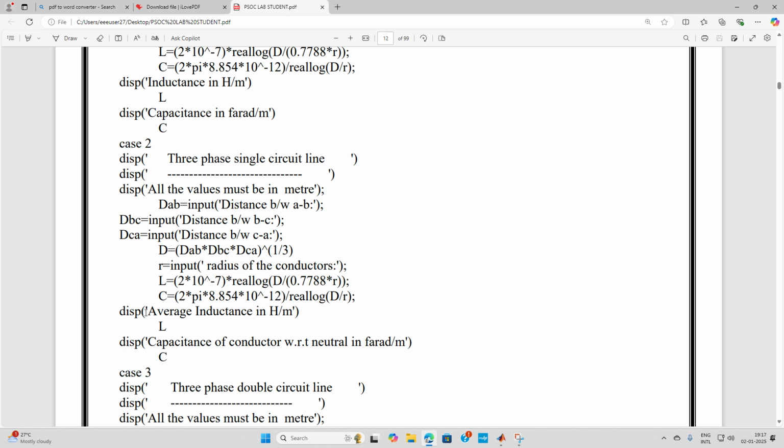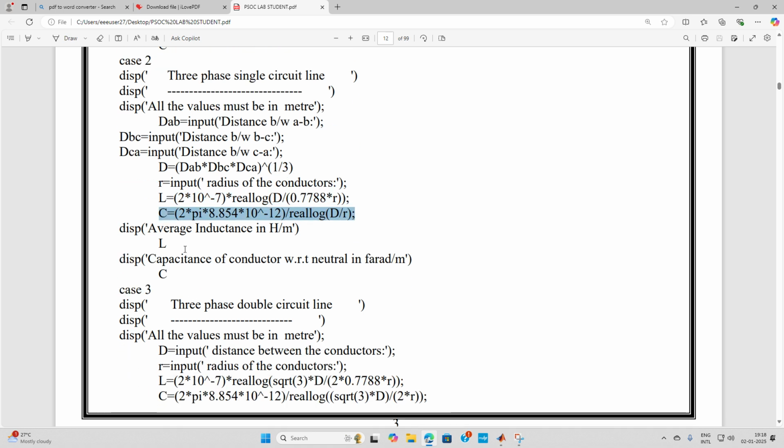Again, we type the display: average inductance in Henry per meter, because the inductance value and the capacitance value are given for case 2. Same thing, inductance is measured in Henry per meter, and capacitance in farad per meter.